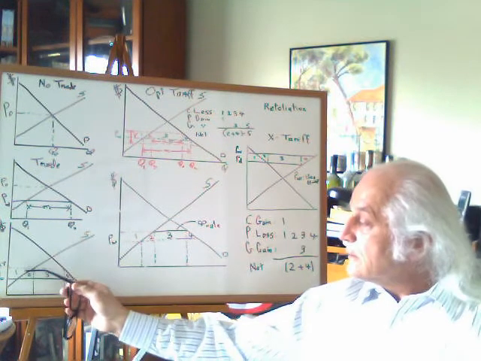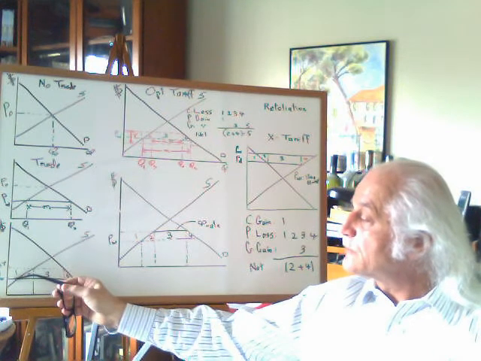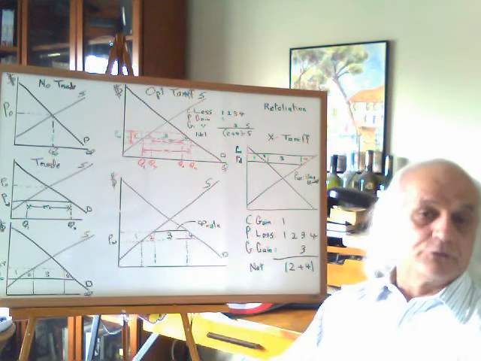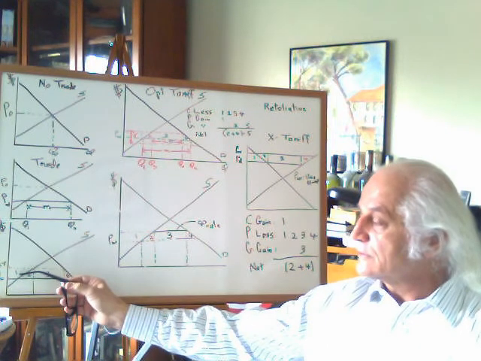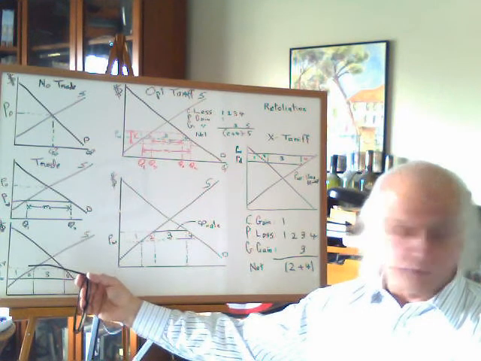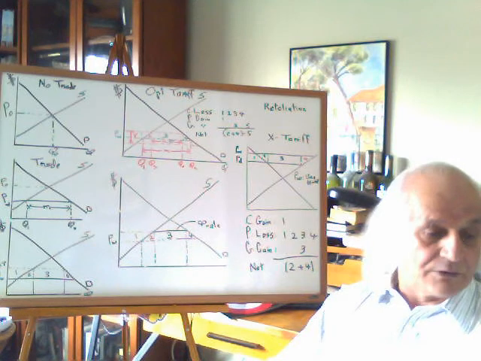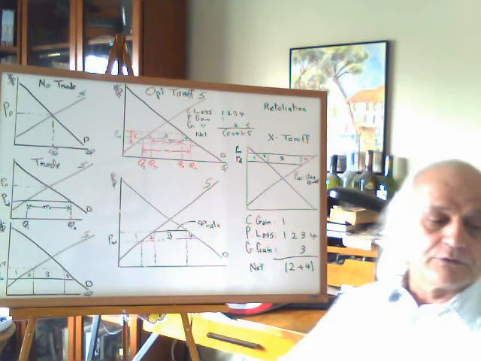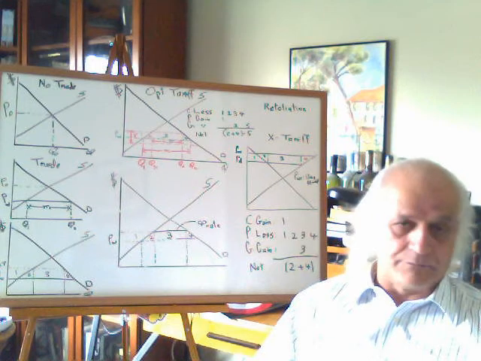But what happened to 1? 1, as we have already said, is what has been regained by the producers. So 1 is gained by the producers, but it was lost by the consumer. So right now it's going to stay within that particular society. Let's not worry about the effect of its income distribution for the time being.